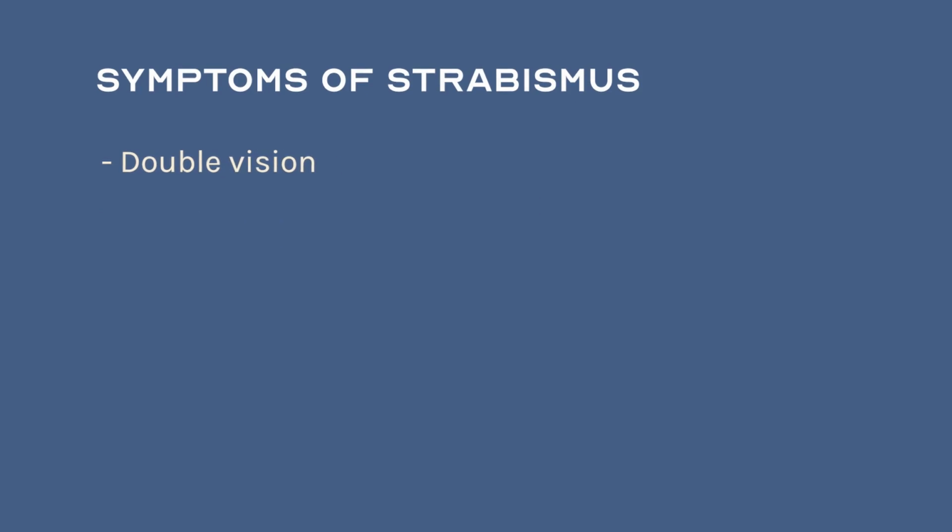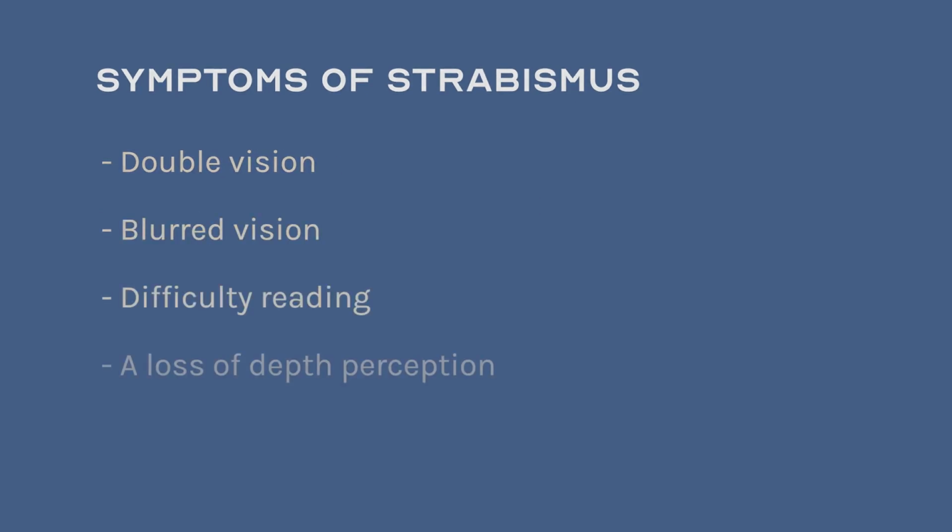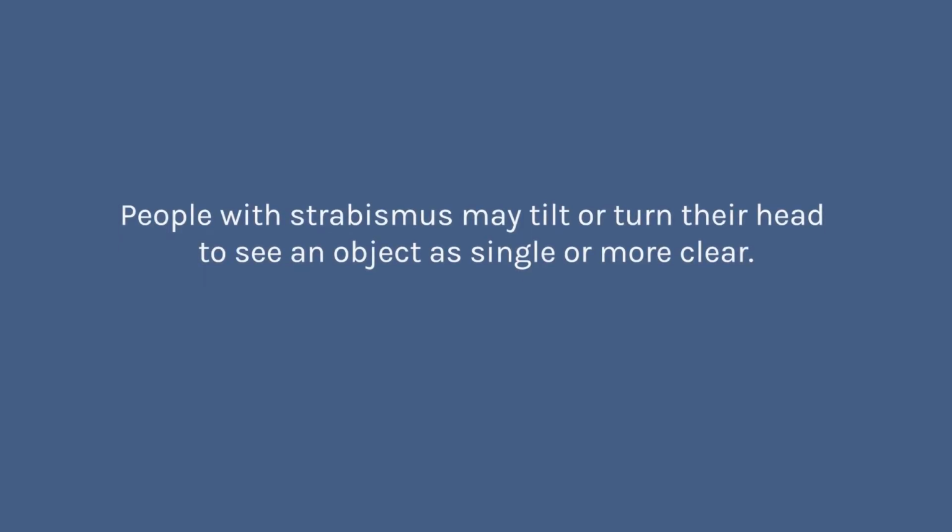When strabismus starts later in life, adults may notice other symptoms, like weakness in or around the eyes, or feeling like something is pulling around the eye, and vision changes, such as double vision, blurred vision, trouble reading, or a loss of depth perception. People with strabismus may tilt or turn their head to see an object as single and clear.